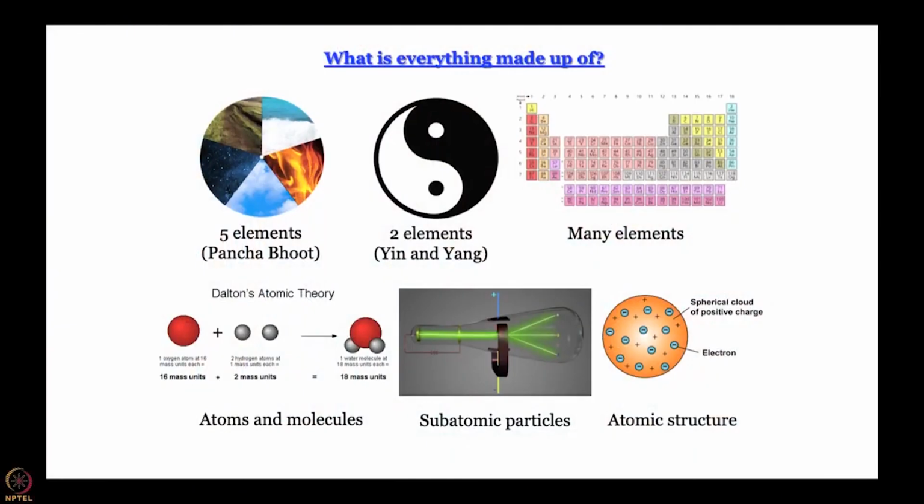It is called the plum pudding model. Thomson proposed that this is your atom. In this we have this delocalized charge of one kind, and you have the opposite charge embedded in it like seeds of pumpkin or like plum in plum cake.